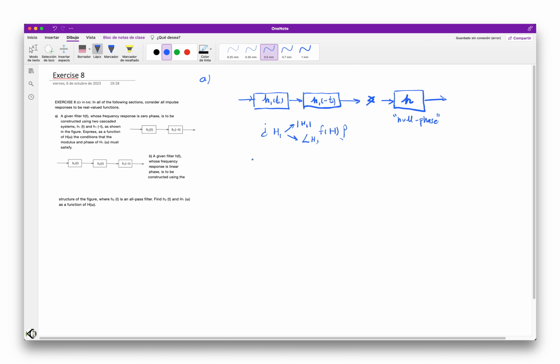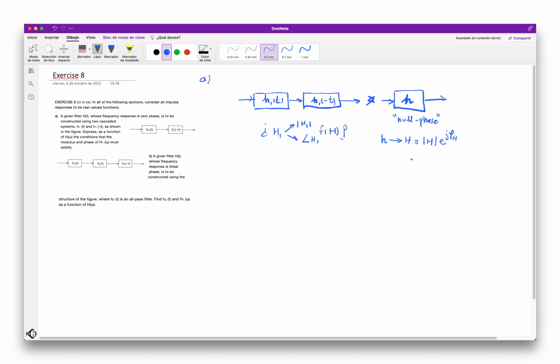Okay, so first of all, what does null phase mean? It means that for the impulse response h, if we Fourier transform it, we get the frequency response H, and as a complex function it will have a modulus and a phase. Let's call the phase this.